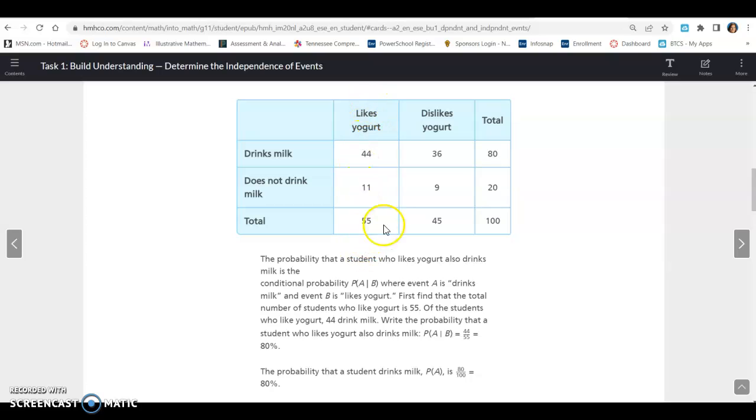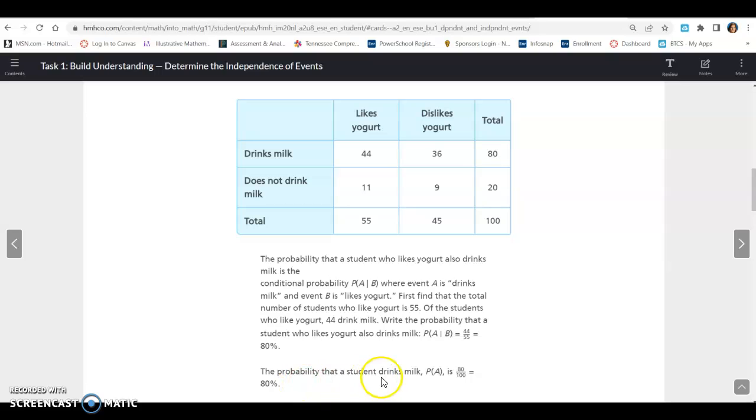So you can see right here, this is 55. Of the students who like yogurt, 44 drink milk. Write the probability that a student who likes yogurt also drinks milk. So the probability of A given B is 44 over 55. If you calculate that, it is 80%.